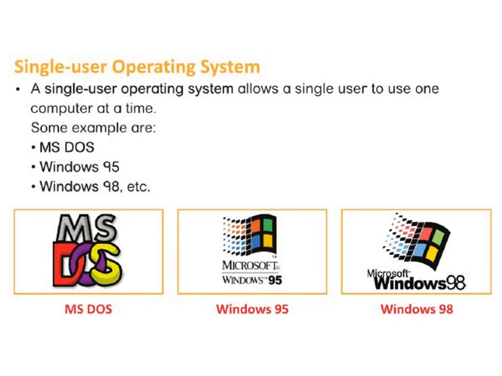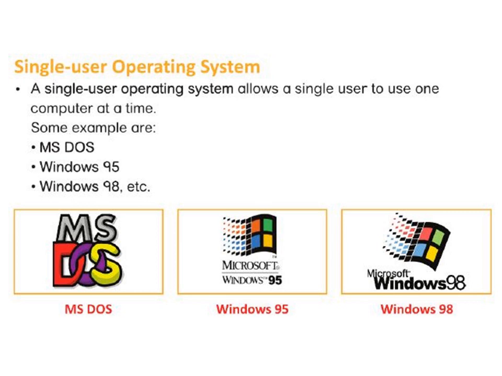Now let us discuss the single user operating system. There might be a question, what is a single user operating system, or define a single user operating system. The answer to both questions will be the same. A single user operating system allows a single user to use one computer at a time.